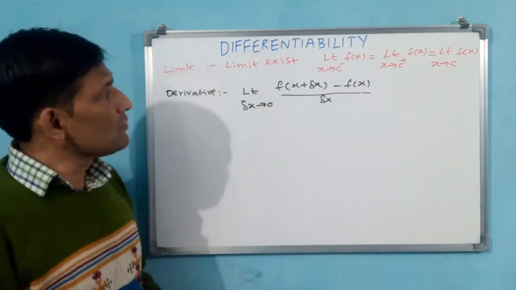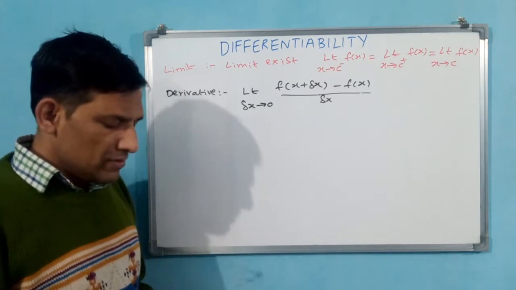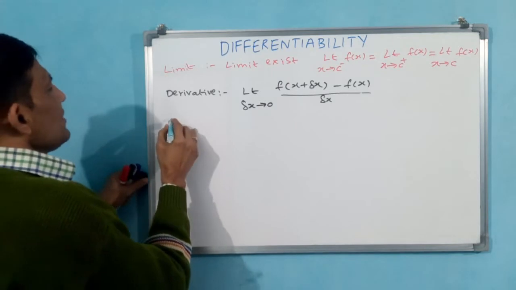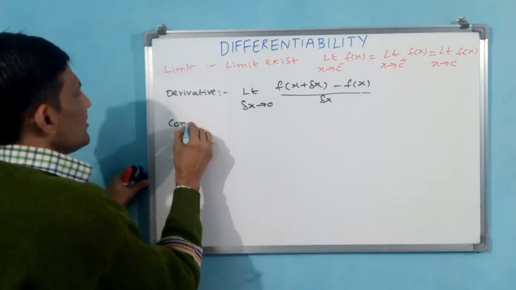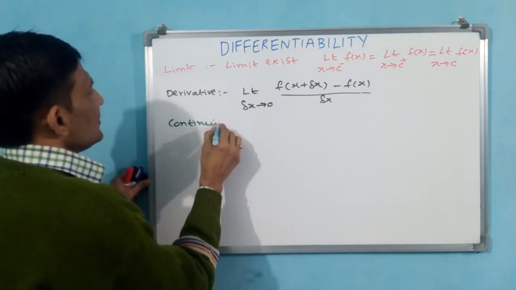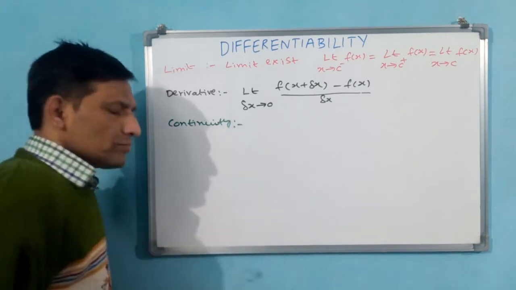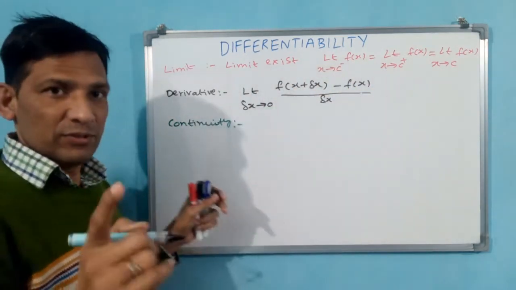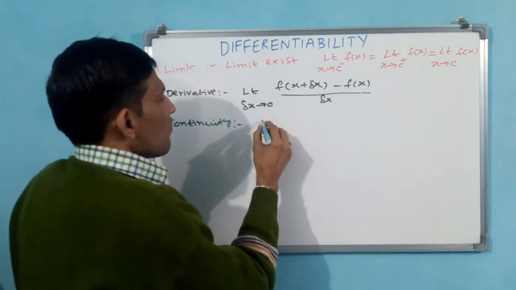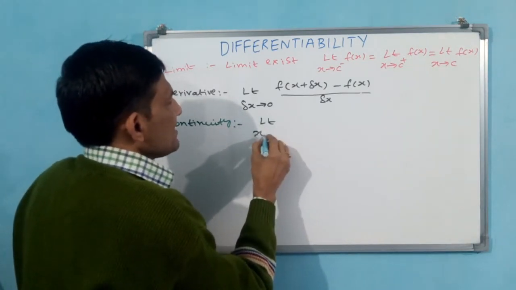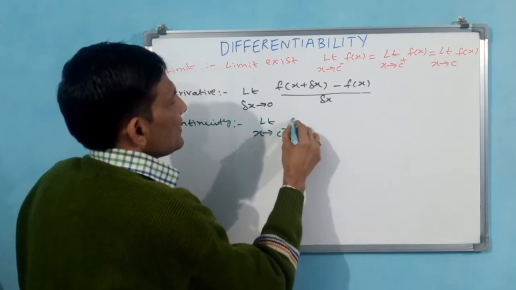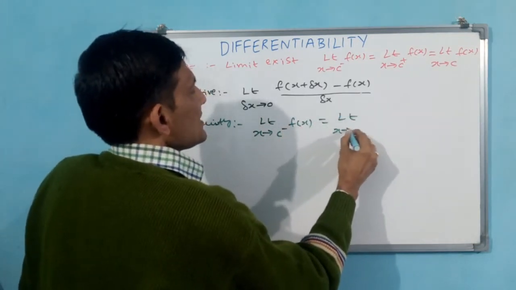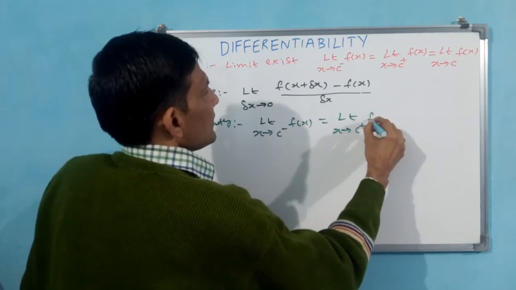Again, we have come to class 12. In class 12, we have started continuity. Write down continuity. What is continuity? Continuity, again we have gone to limits only. You must have understood why, because we have seen the left hand limit of f of x and the right hand limit of f of x.